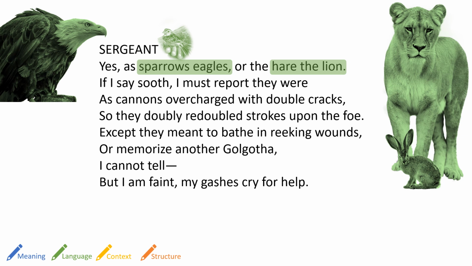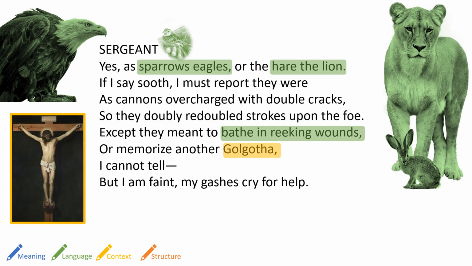On top of that, if you wanted a little bit more evidence that Macbeth didn't shy away from the violence in supporting King Duncan, "they redoubled their strokes upon the foe, except they meant to bathe in the reeking wounds," suggesting that they killed so many people it seemed like they wanted to bathe in the blood. "Or memorize another Golgotha." That is the point where Jesus was crucified.